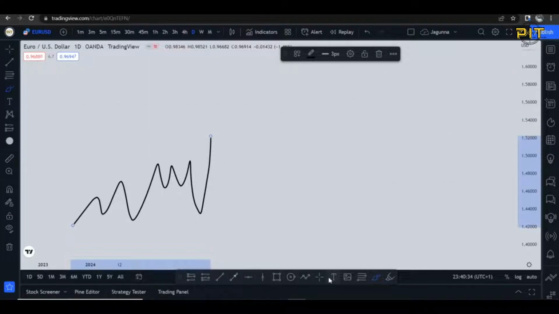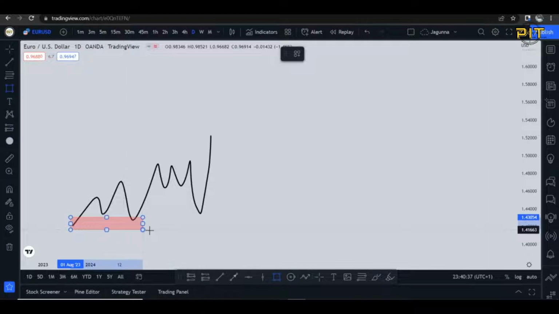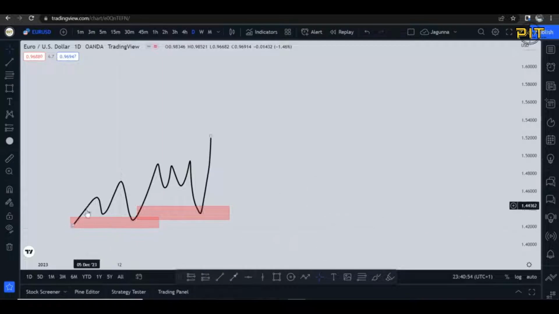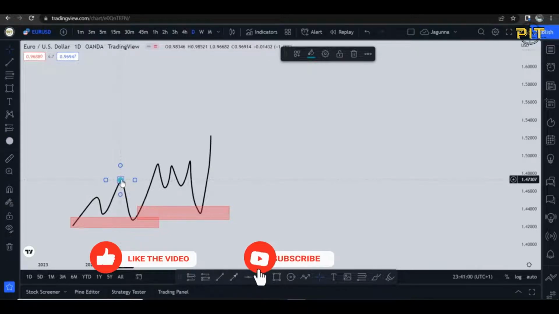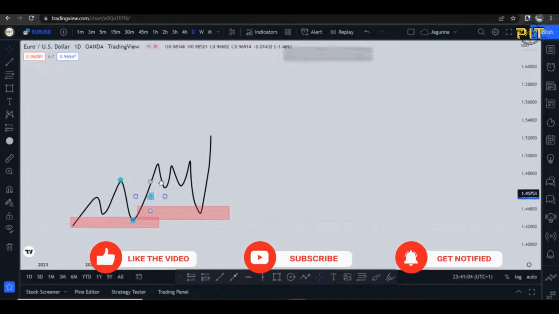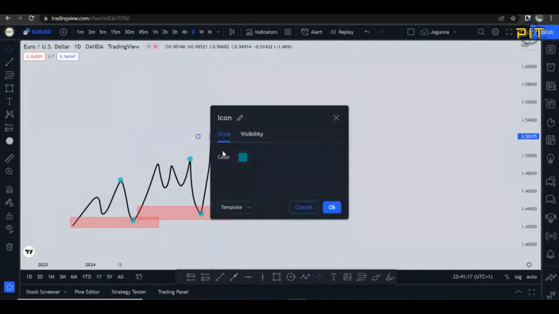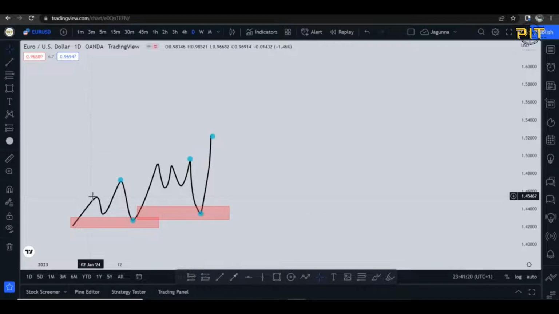Now you can see this actually is your main structure points, and then this, then this, then this. Now this is a price move.